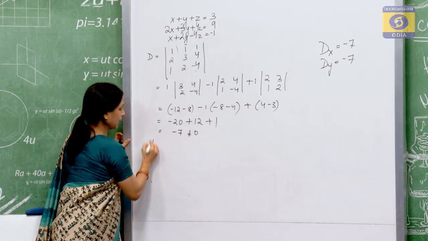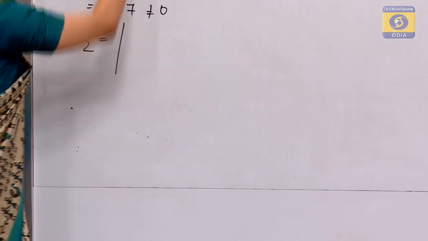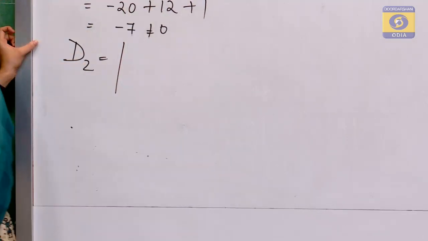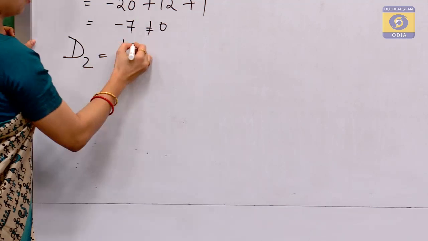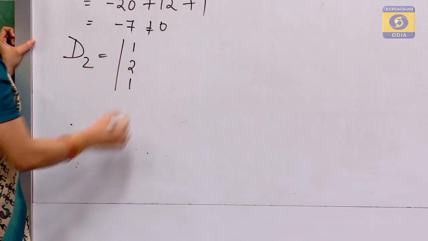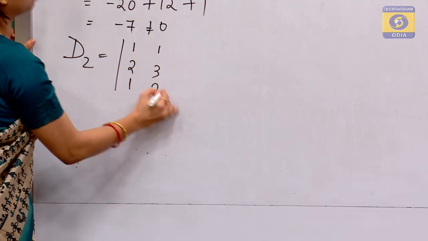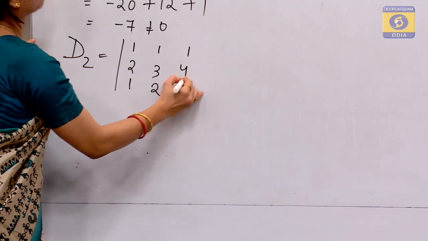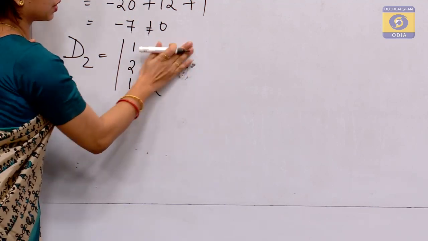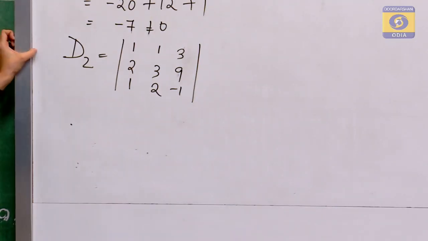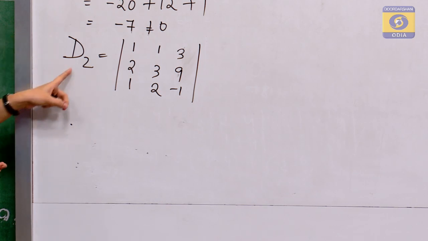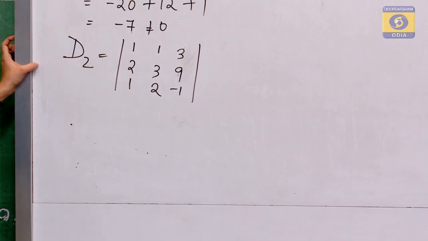The remaining coefficients remain the same. So, 1, 2 and 1, 1, 3 and 2, and the 1, 4, 1, 4 we have to substitute with known values, 3, 9 and minus 1. Again we have to find the value of the determinant dz by expanding it along row 1.